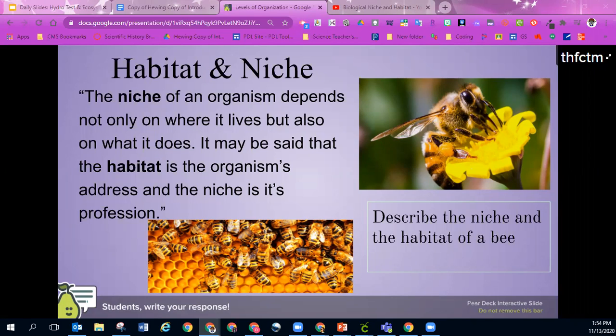Their niche is to collect the pollen and turn it into honey, because these do look like honeybees. I definitely agree with you.